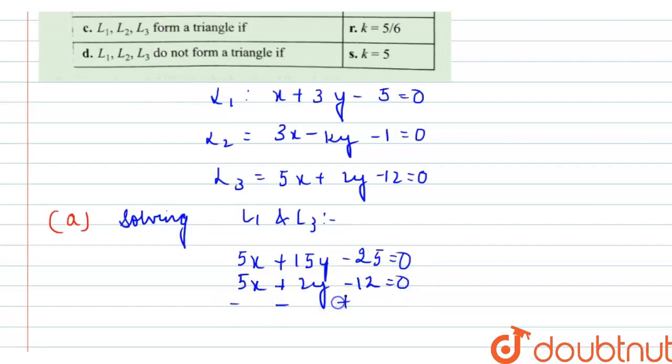Now subtracting, 5x cancels with 5x, and we are left with 13y minus 13 equal to 0.